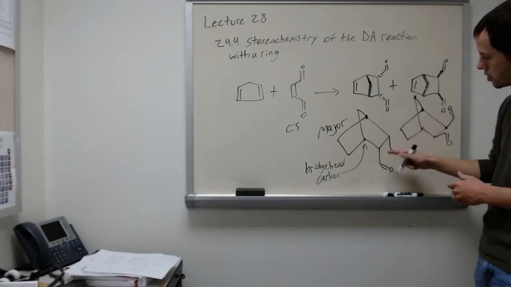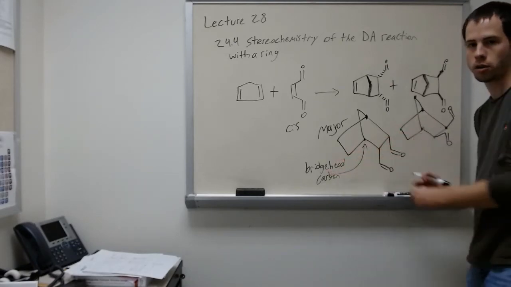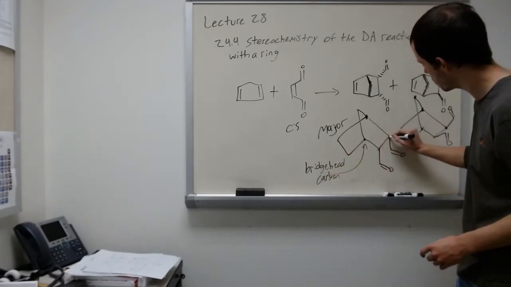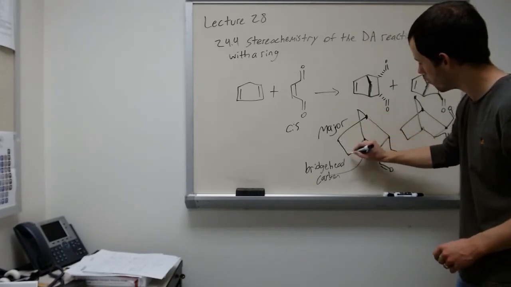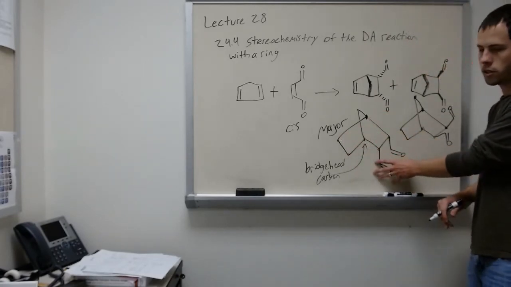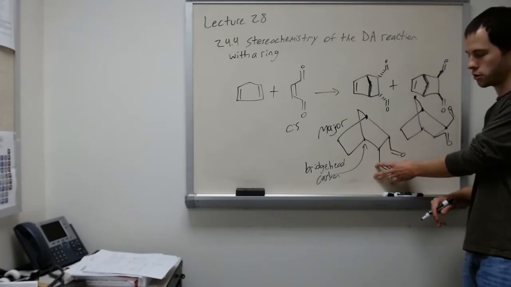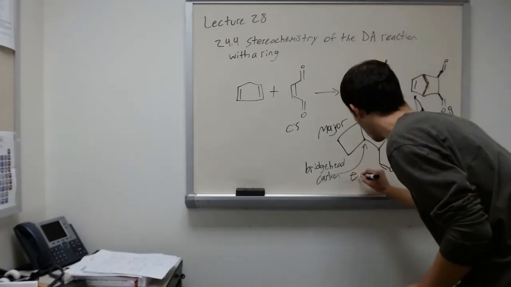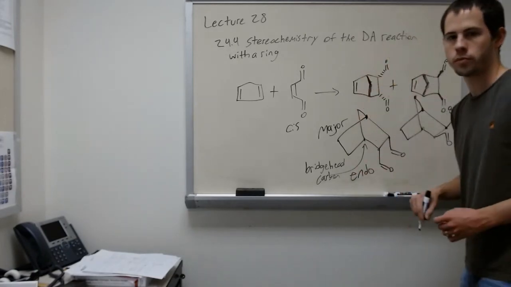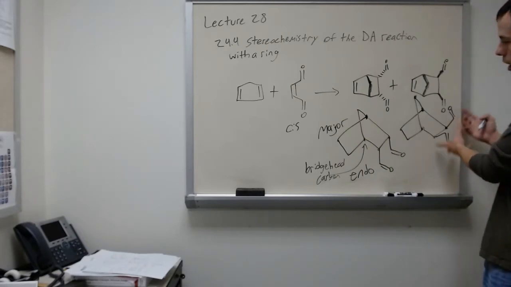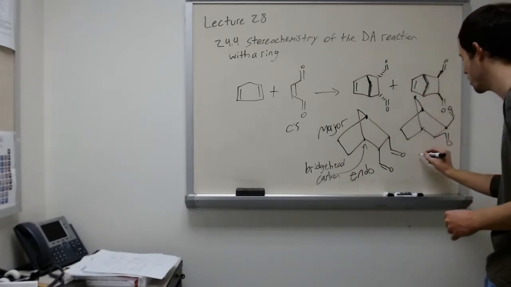And if we look at these, they're going down into this bottom part of the ring. And so that's 1, 2, 3, 4, 5, 6. So these are going into the biggest ring, and so we call this the endo product. And then these are going out of the largest ring, and so we call it the exo product.